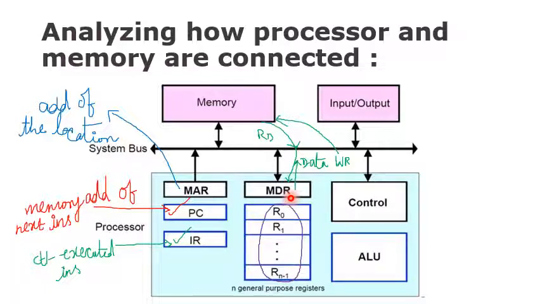It contains the data to be written into or read out of the addressed location, and memory address register MAR holds the address of the location that is to be accessed. There are n general purpose registers, that is R0 to Rn-1. The processor has various registers to perform various functions. Okay.